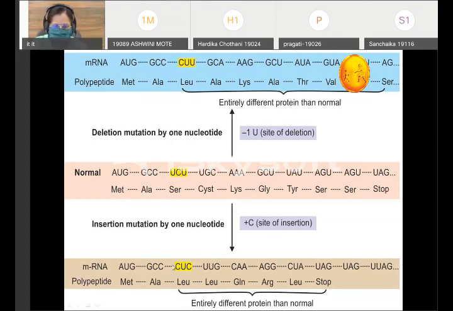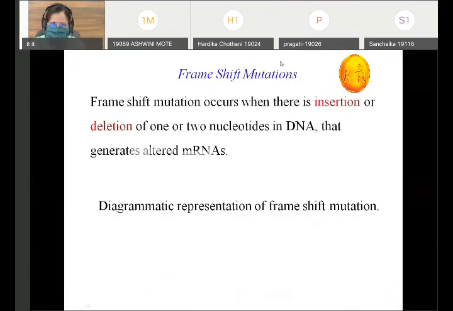So the entire code is changed, and the amino acids in the polypeptide chain are also completely changed. The synthesized protein is altogether different from the normally occurring protein. This is called frame shift mutation. Either an insertion or a deletion will shift the entire frame of reading of the genetic code.